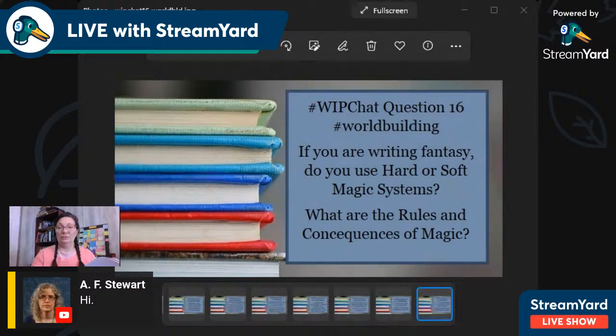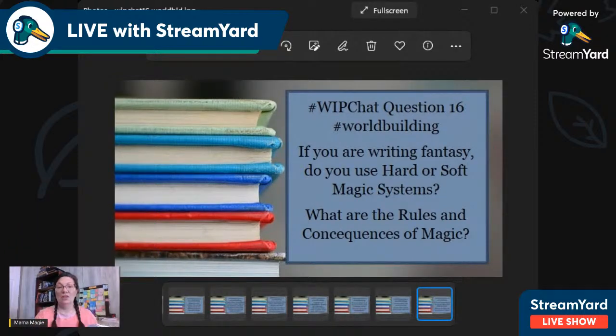In the very first book, you are introduced, as a first-year Hogwarts student, to the rules, a hard magic system. By book 3, those rules start flying out the window. By the time you get into Order of the Phoenix, the rules are fluid.